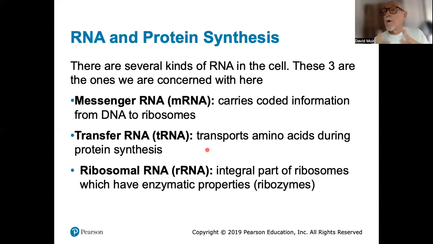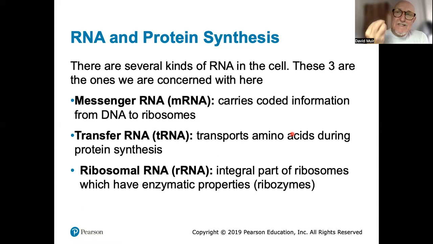And so we've got to have at least 20 different transfer RNAs in order to cope with the 20 different amino acids that they're going to have to carry. In fact, there are more. There are more transfer RNAs than that, as we'll see in a while. So the transfer RNA literally transfers in two ways.